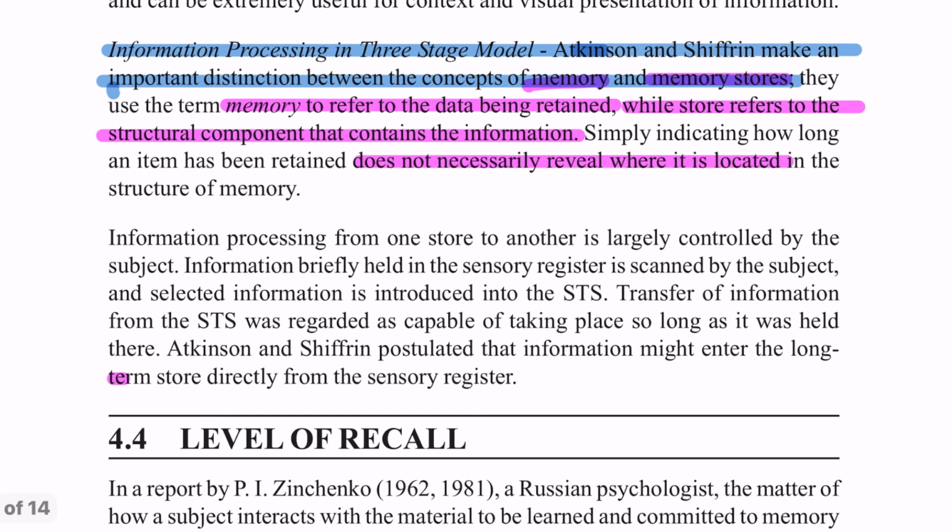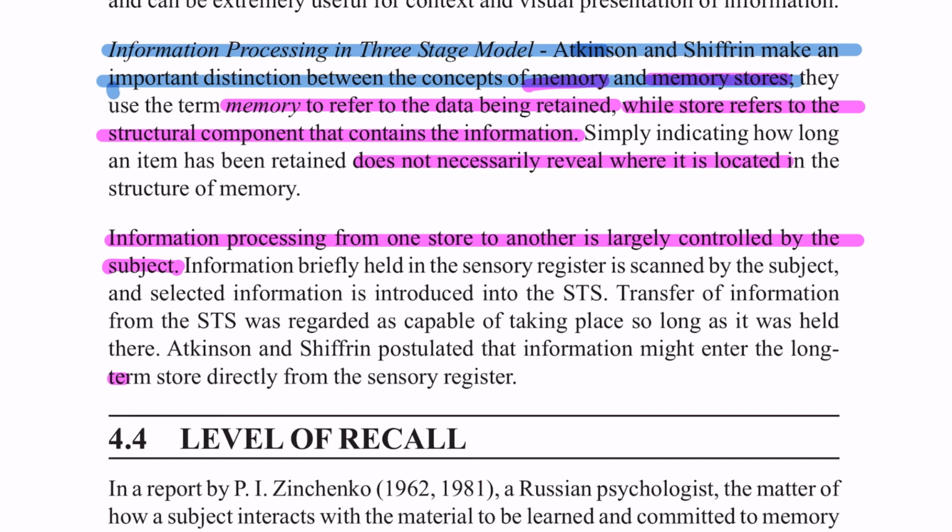And information processing from one store to another is largely controlled by the subject. Subject means the individual. Information briefly held in the sensory register is scanned by the subject, and selected information is introduced into short term storage.